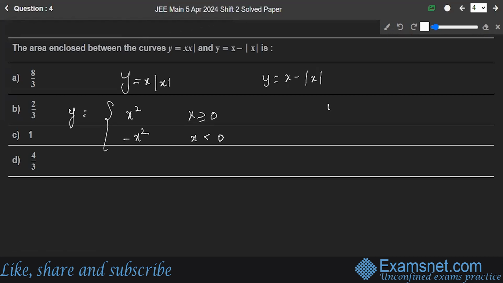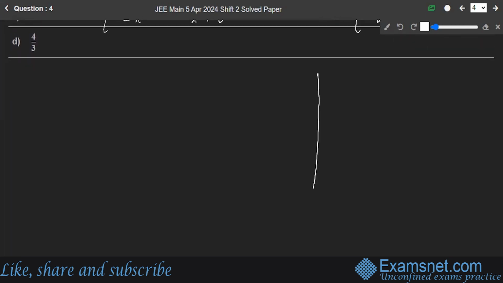Similarly, in this case, y will be equal to, see, when x is positive, it will give me 0, and it will give me 2x for negative values. Let's make the graph to understand, because we have to find out the area enclosed by these two curves.